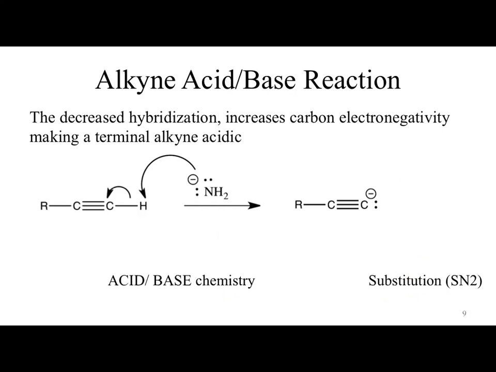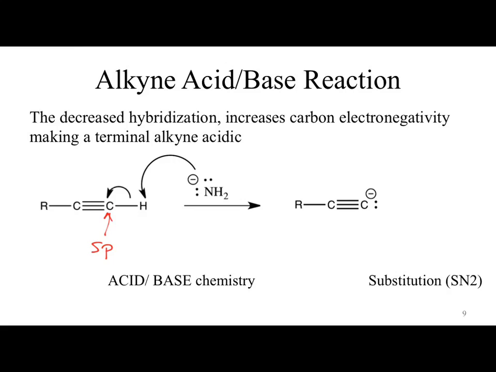Where alkyne chemistry really jumps out and becomes drastically different than your alkene or alkane chemistry is the alkyne hydrogen, because that carbon changes its hybridization. We've got what hybridization on that carbon? sp. It's become so s-like in character that it's holding the electrons really, really tight, which means that carbon is now increased in electronegativity so much that what happens to the electrons in the carbon-hydrogen bond?